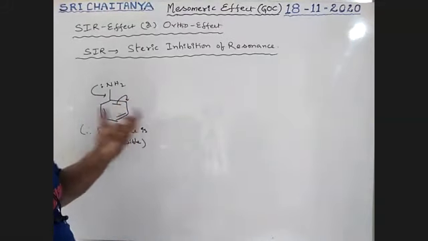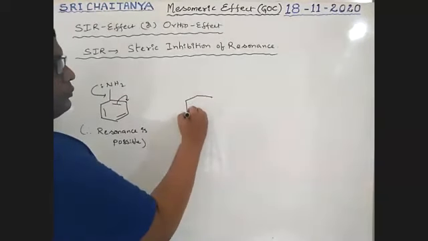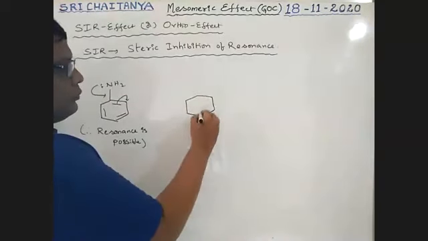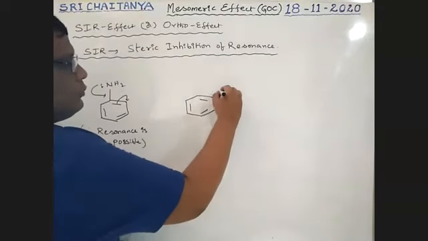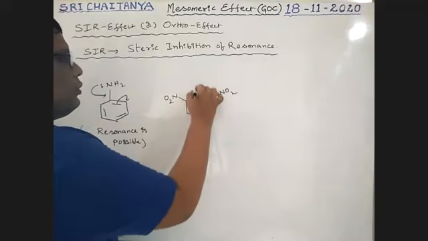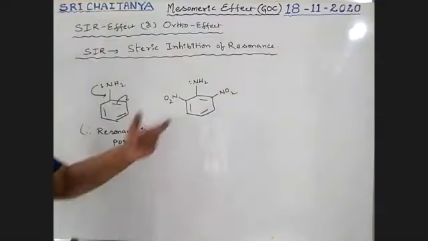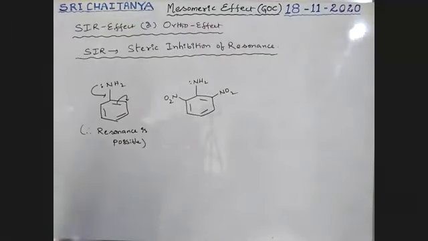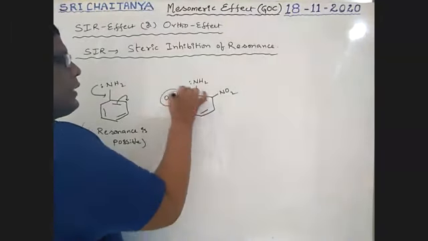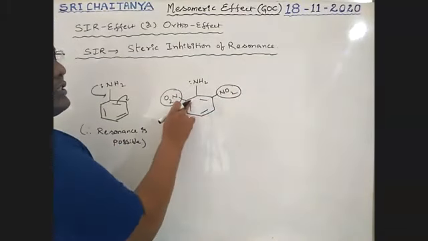bulky groups like NO2, NO2, NH2. If bulky groups are located at the ortho positions, so this is a bulky group, this is a bulky group, and this is ortho, this is ortho.